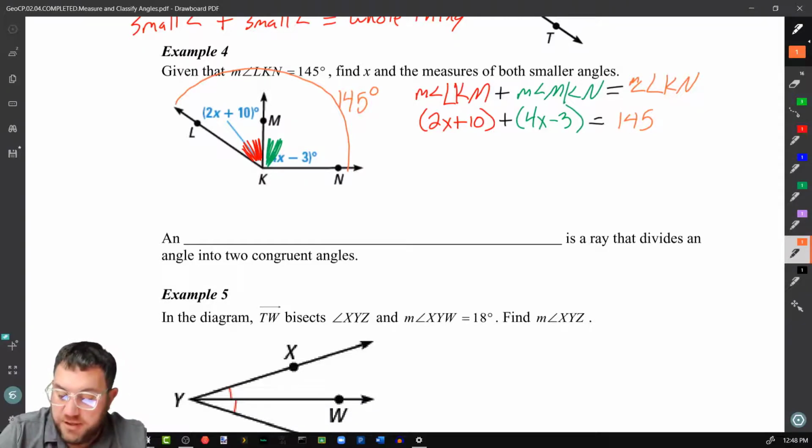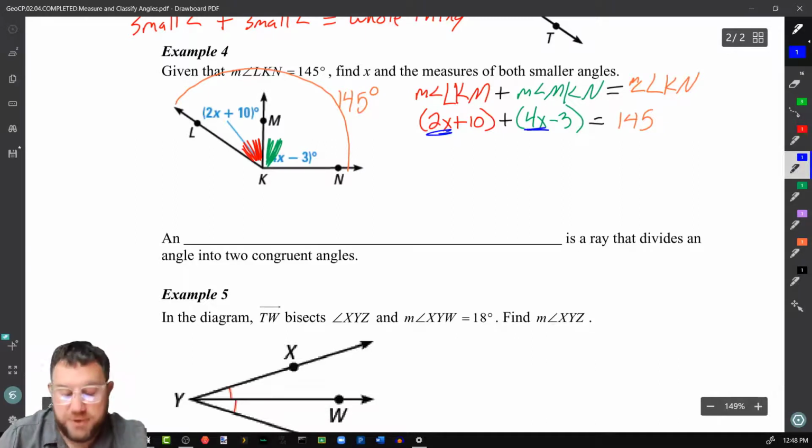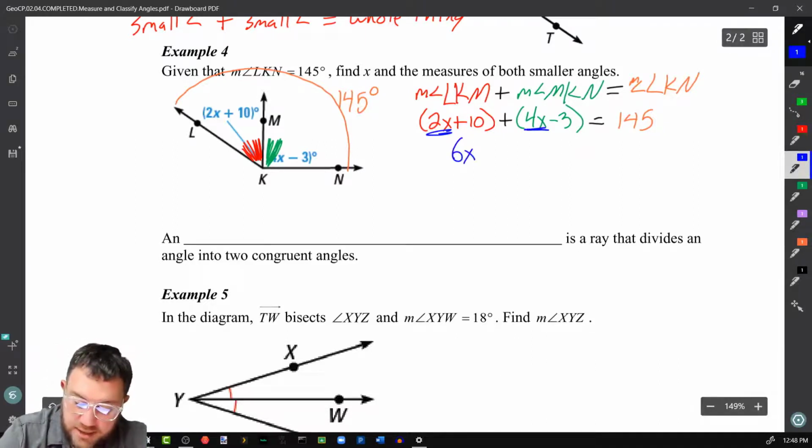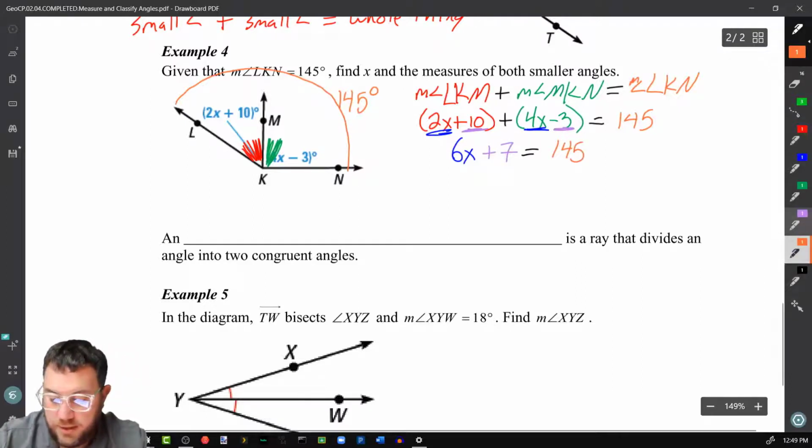So the first thing we need to do is combine like terms. So I've got a 2x plus a 4x, that's 6x. And then I've got a plus 10 and a minus 3, so that's plus 7. And then the other side hasn't changed. So I want to subtract 7 from both sides.